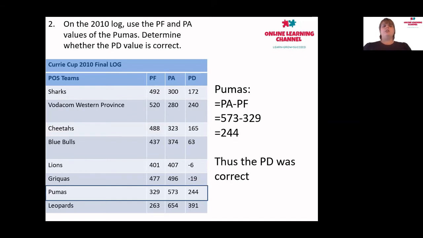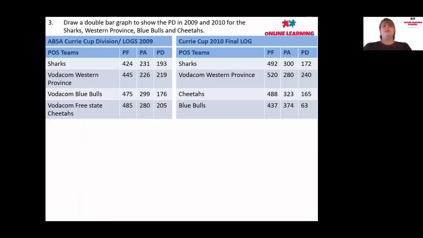Question 3. Draw a double bar graph to show the PD in 2009 and the PD in 2010 for the Sharks, VP, Blue Bulls, and Cheetahs. Okay, so I have just those 4 teams, and I'm going to use the PD for my graph.